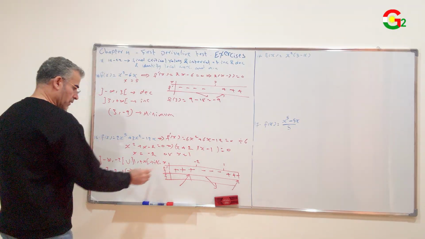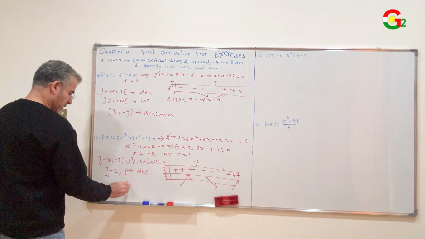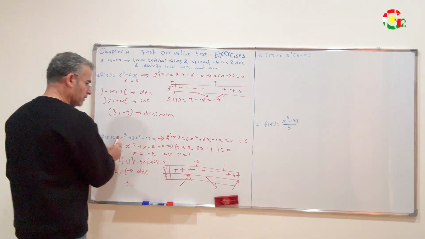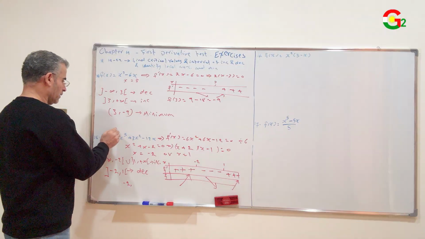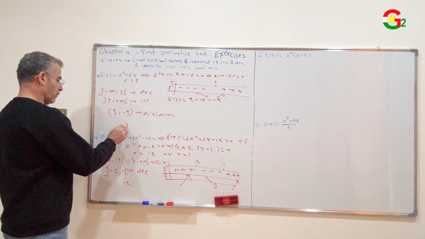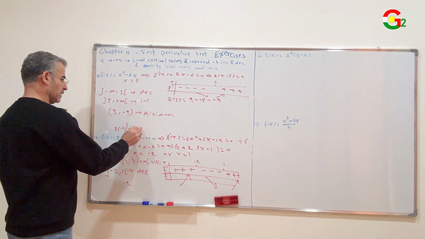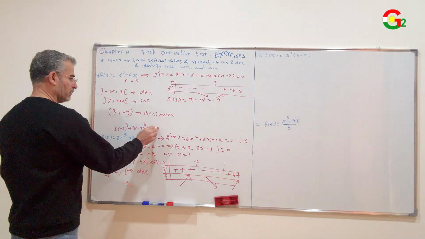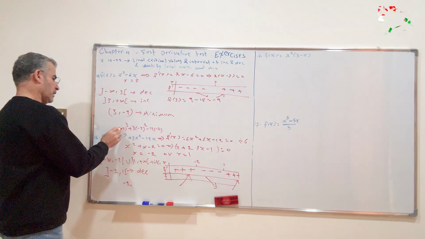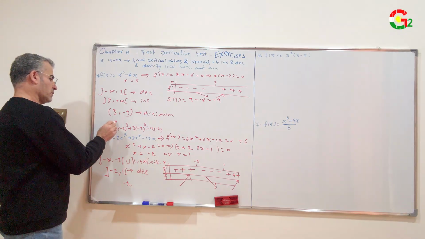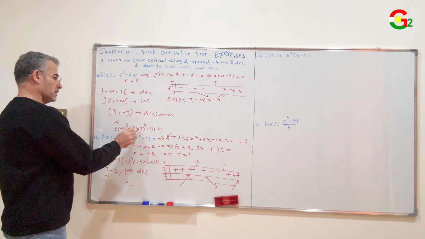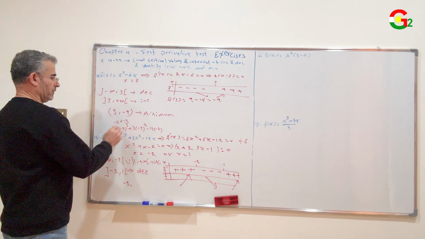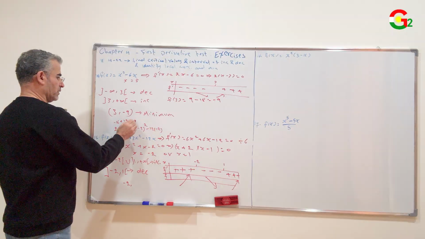Now, the point negative 2: substitute negative 2 in the function to find the y coordinate. 2 times negative 2 to the power 3, plus 3 times negative 2 to the power 2, minus 12 times negative 2. Negative 8 times 2, negative 16. 3 times 4, 12, plus 24.